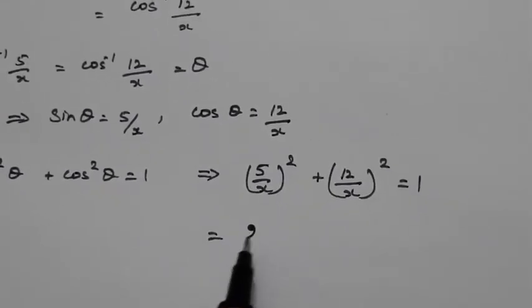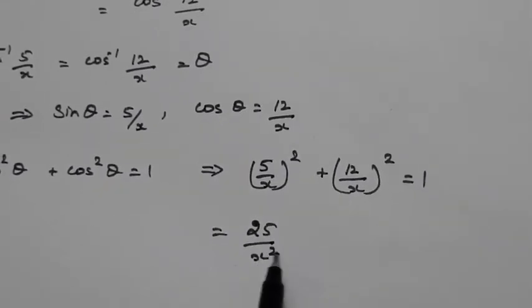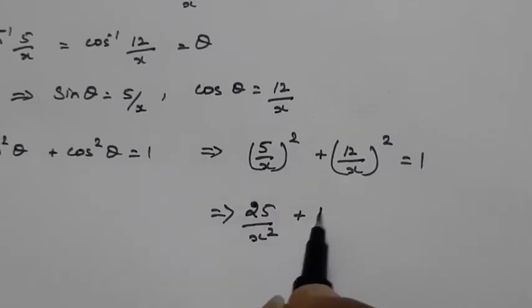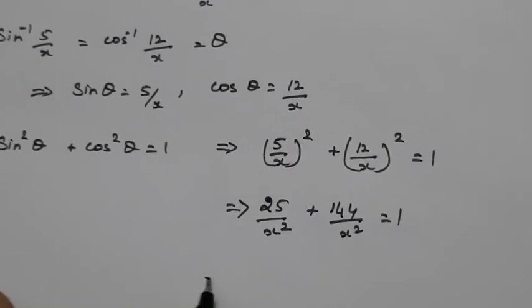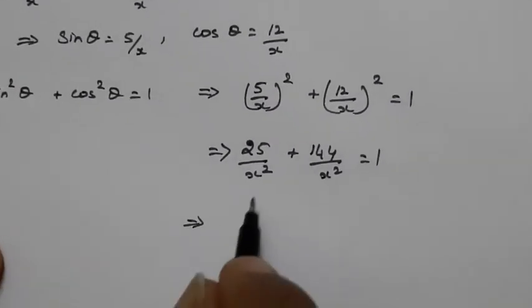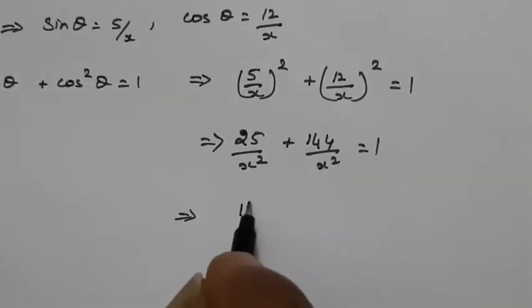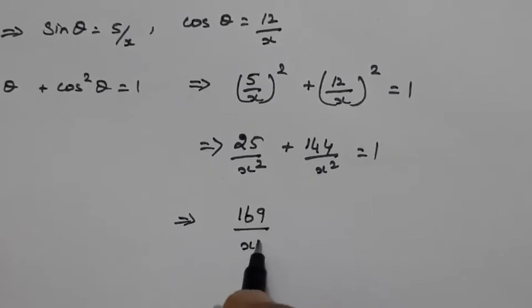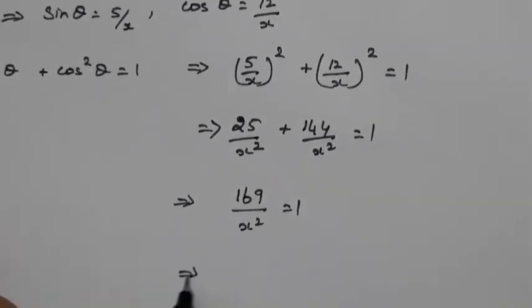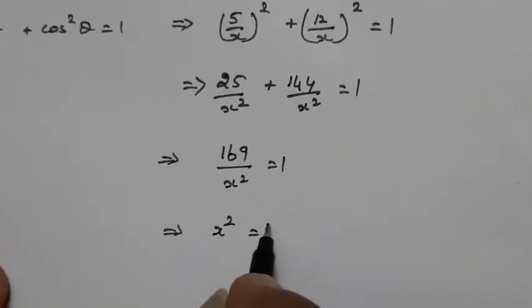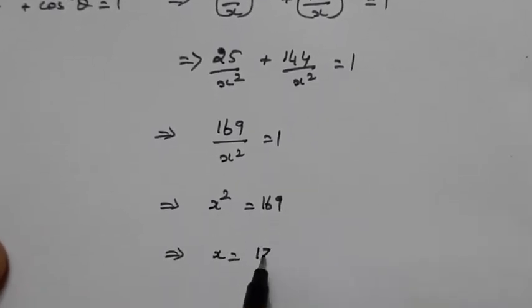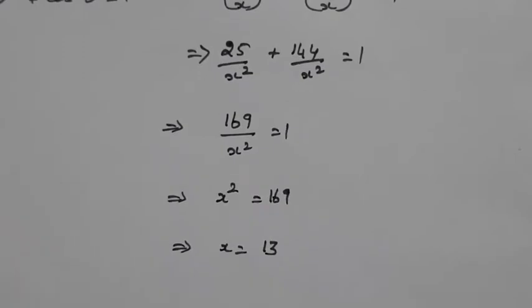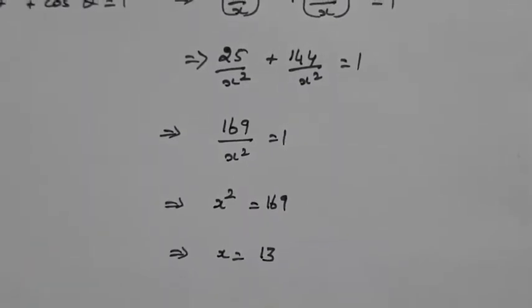That is 25 by x squared plus 144 by x squared is equal to 1. With x squared as the common denominator, adding the numerators we have 169 by x squared is equal to 1, which in turn implies x squared is equal to 169. By taking square root we have x is equal to 13.